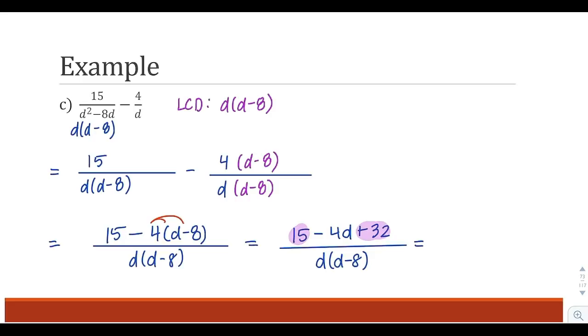So we'll end up with 47 minus 4d all over d times d minus 8. And we would check to see if there's anything that we can factor, because right now we have factored pieces on the bottom, but on the top we have terms that are subtracted. So we'd have to try to factor if we were going to try to cancel, but nothing can factor from 47 minus 4d. So that is my final answer.